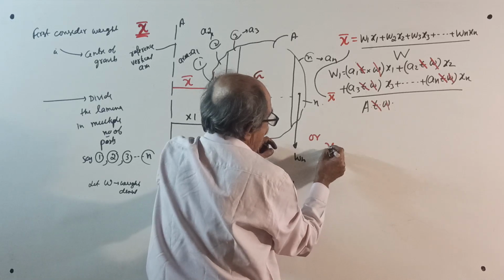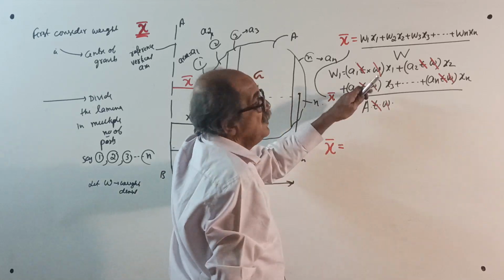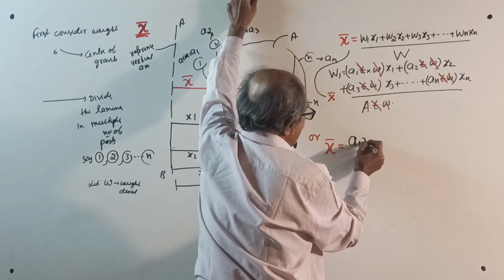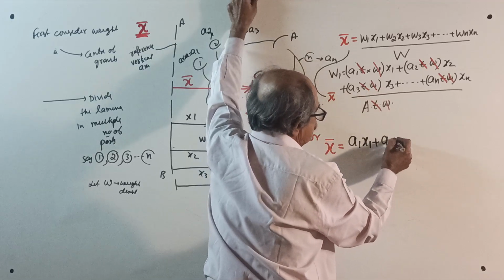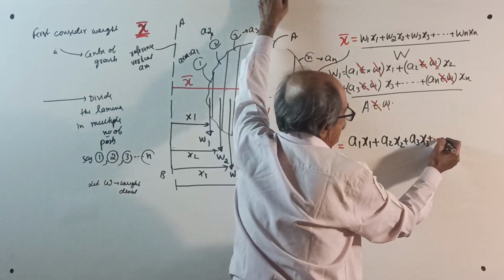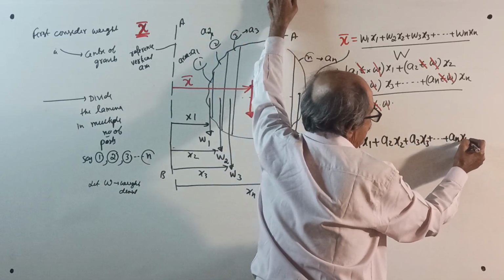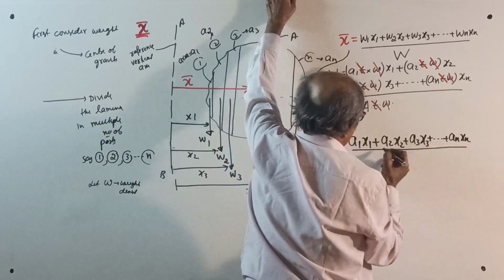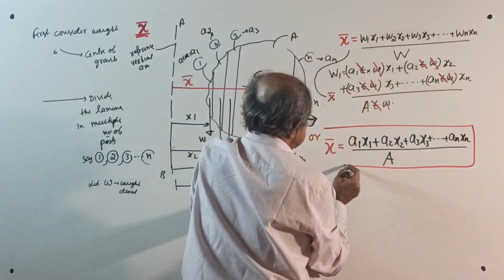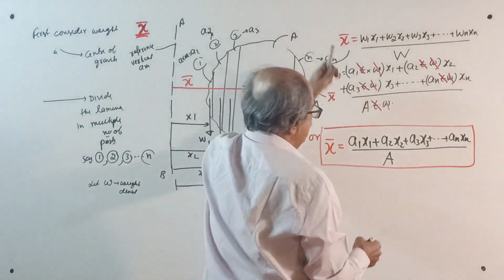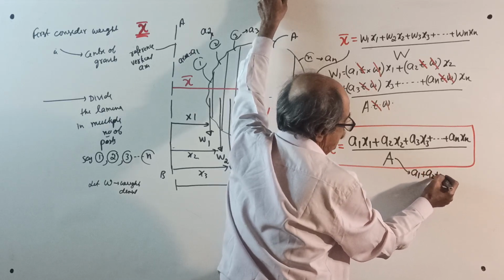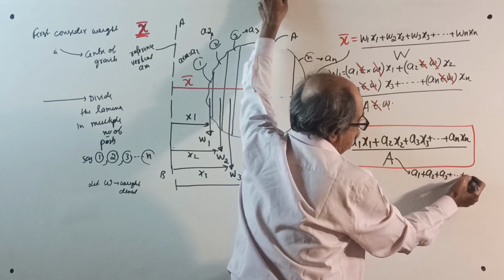Your X bar equals, suddenly from weight it changes over to area, A1 x1 plus A2 x2 plus A3 x3, etc., up to An xn, divided by total area A, where total area A is A1 plus A2 plus A3, etc., up to An.